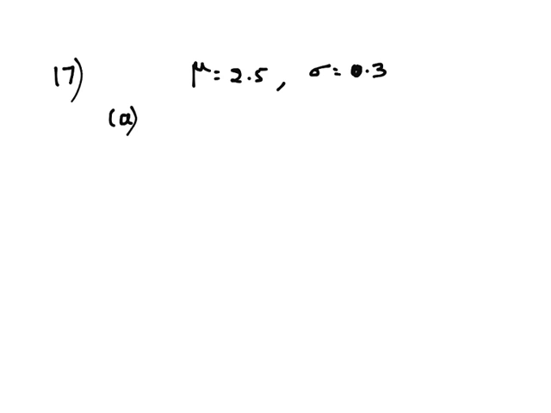Find the probability that it weighs less than 2 kilograms. So P of X less than 2. Now you can easily find it using the calculator. And the second part is, what is the probability that it weighs more than 2.8? So P of X more than 2.8.